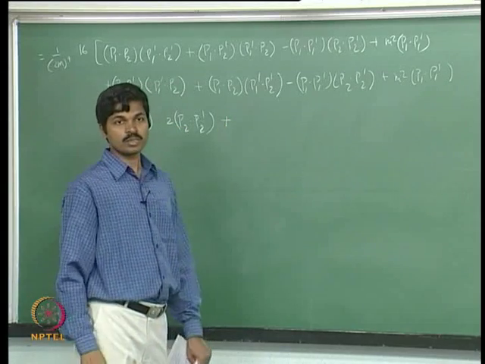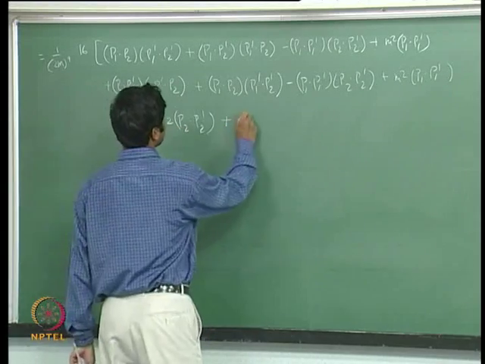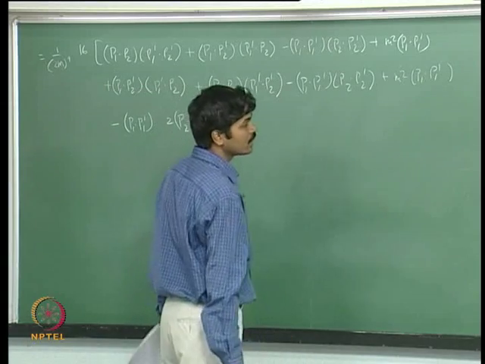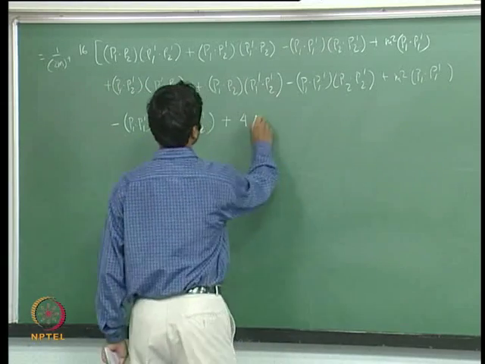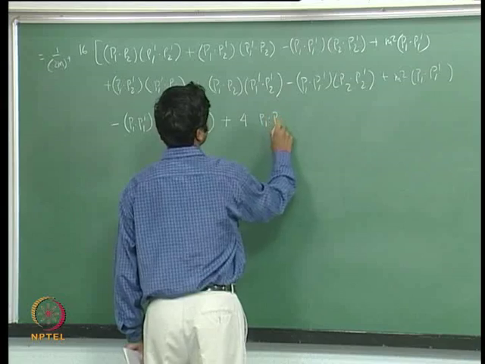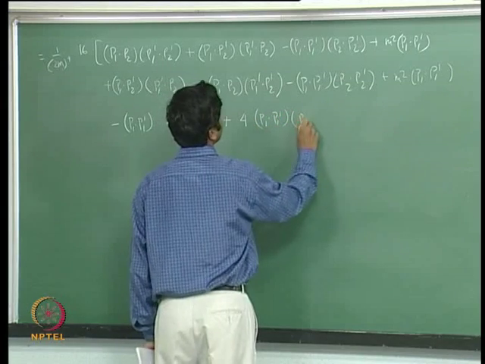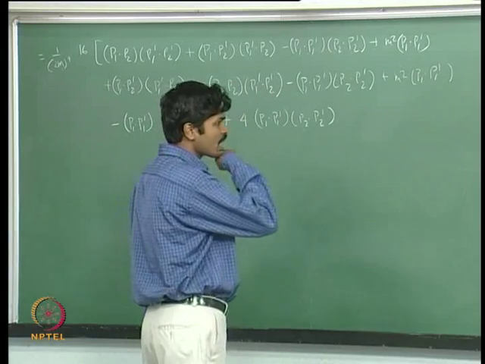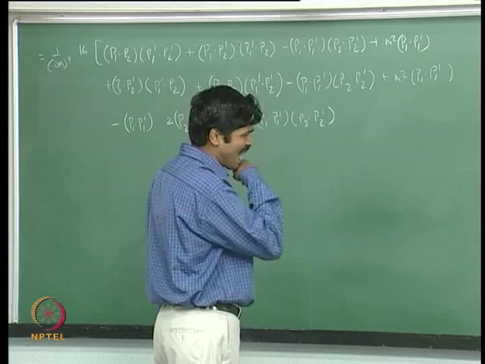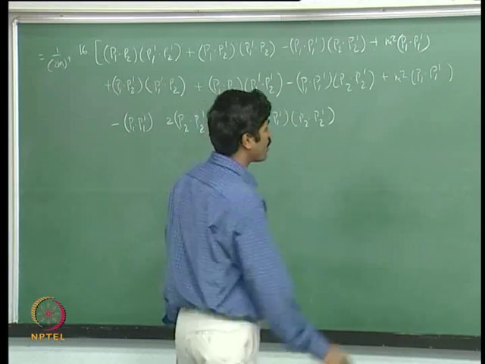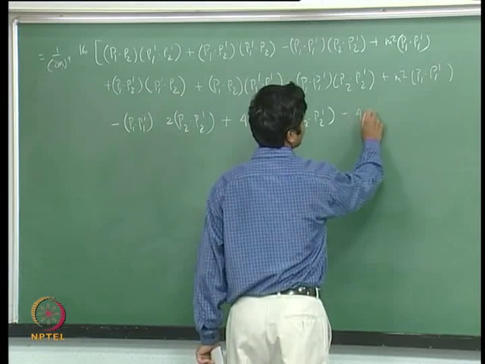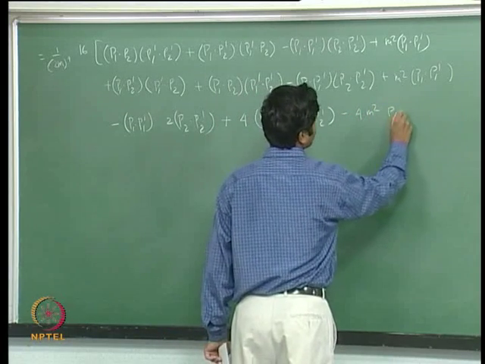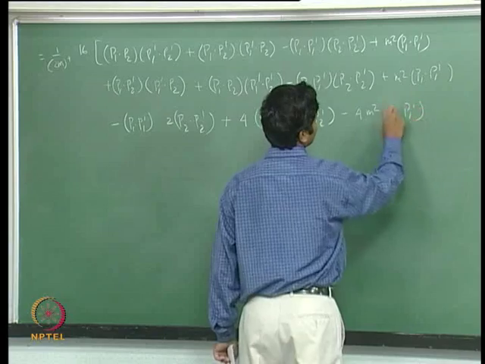What is this? It is 4. Okay, 4 p 1 dot p 1 prime p 2 dot p 2 prime. Then minus 4 m square p 1 dot p 1 prime.